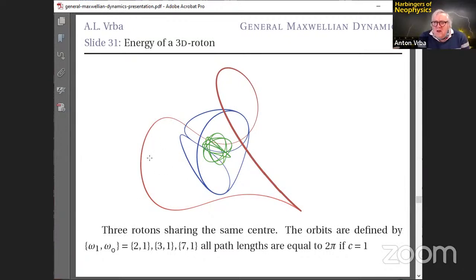Each curve, the path length of that curve, is equal to 2 pi. The green one on the inside has omega 1 seven times faster than omega 0, and you see we've got 1, 2, 3, 4, 5, 6, 7 star edges to it.